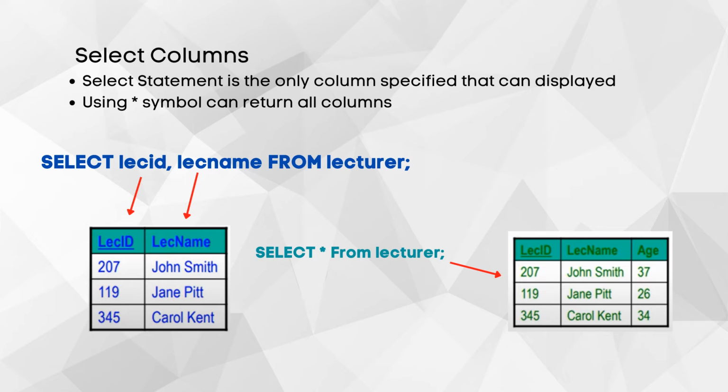Select statement is mostly a column specified language, and we can use the asterisk symbol to display all columns rather than specified columns. As you can see here, select asterisk from lecturer, or you can say select all from lecturer, which displays the entire table.